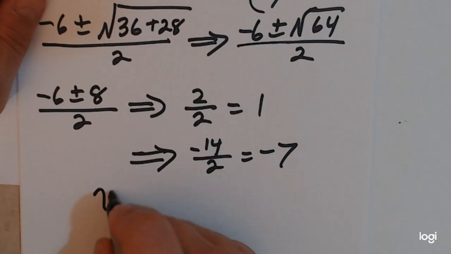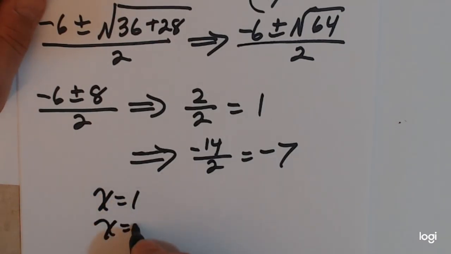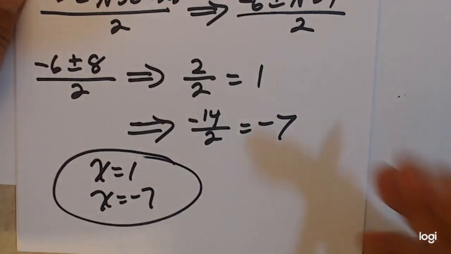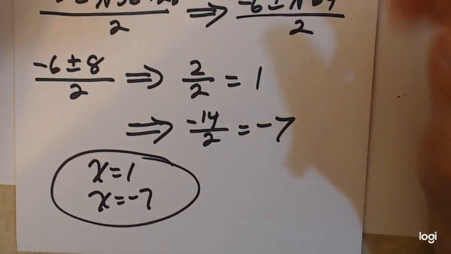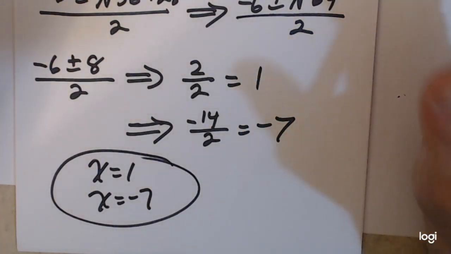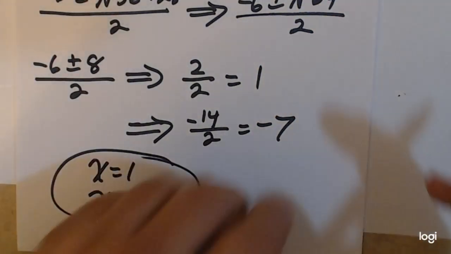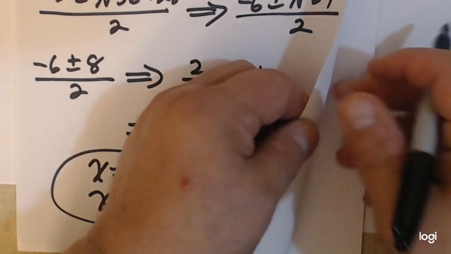So we've got x equals 1, x equals negative 7 as the solutions or the intercepts. When I say the solution, what I really mean is that's where the intercept is for this graph. Now let's take a look at what the graph looks like.